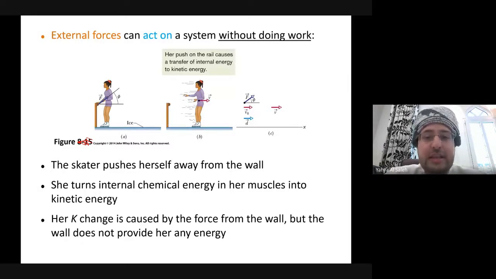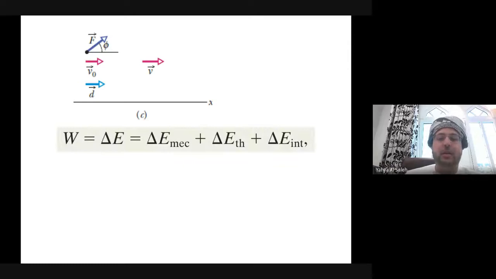The change in kinetic energy here is caused by the force from the wall. But the energy does not actually come from the wall because the wall cannot give her energy. Right? By conservation of energy, my change in energy must come from somewhere.